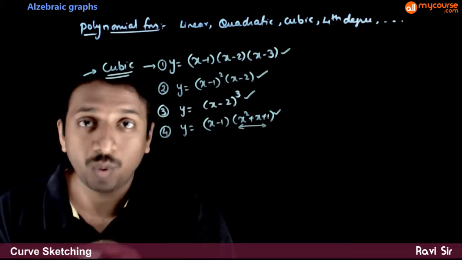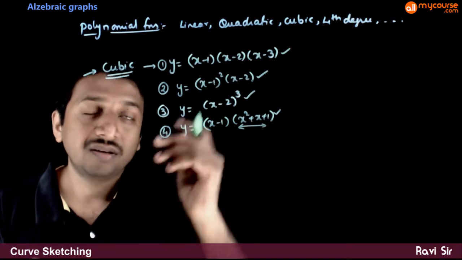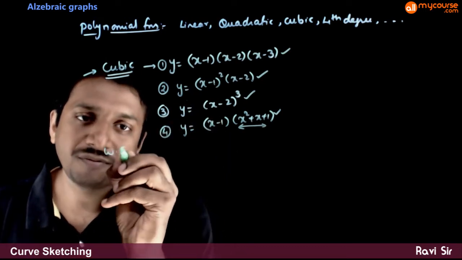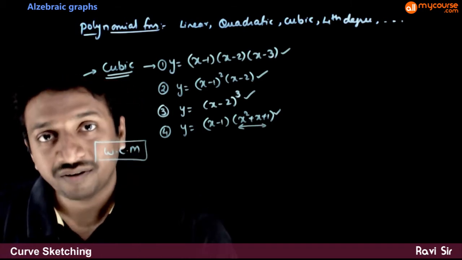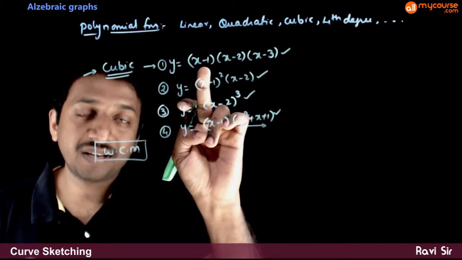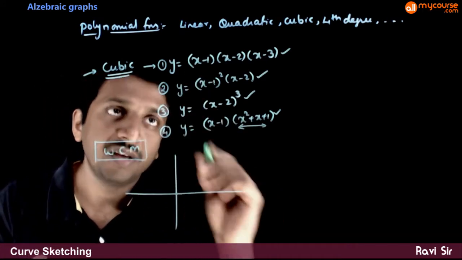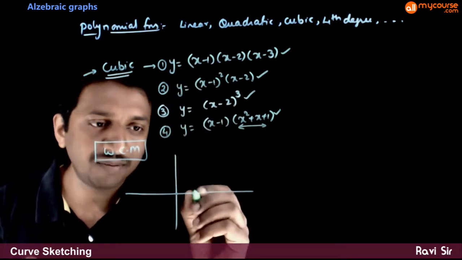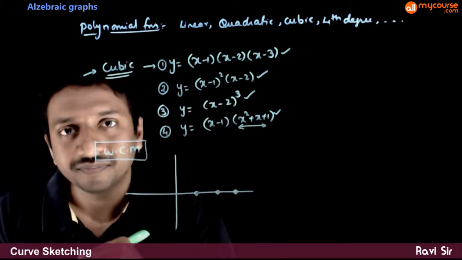What are the rough ways in which I can draw the graph? We use the concept of wavy curve method. First you go for the first graph, and we know that the graph becomes 0 at 1, 2 and 3.